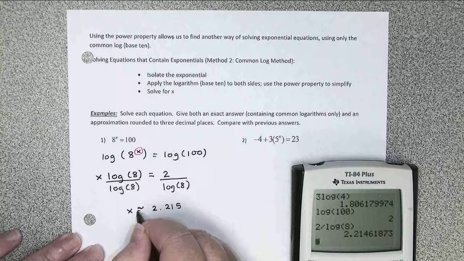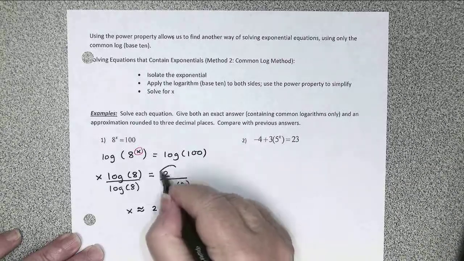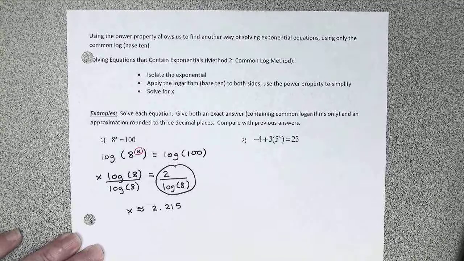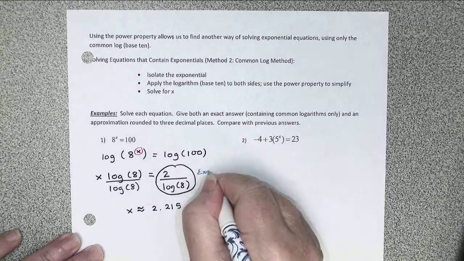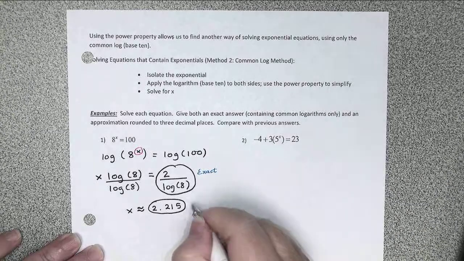It's really an approximation. I should use my approximately equal to. So this is an exact answer. And this, of course, as soon as we've gone to the rounded off decimal, is an approximation.